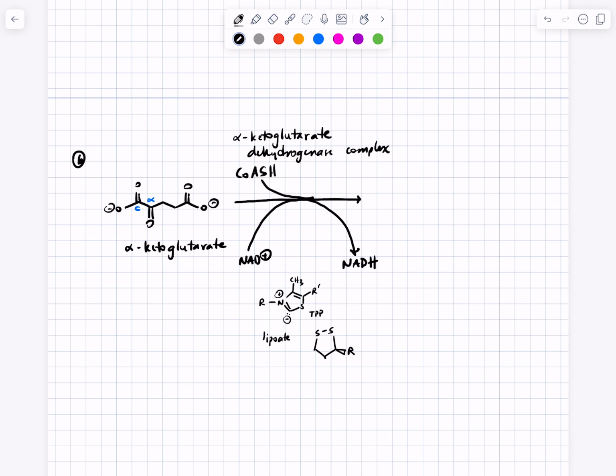And what used to be blue alpha carbon is going to get oxidized to a thioester. And again, go back in your notes. We don't have time to talk about this in a lot of detail. But if you remember how we turned pyruvate into acetyl-CoA and CO2, that was all Monday's lecture.